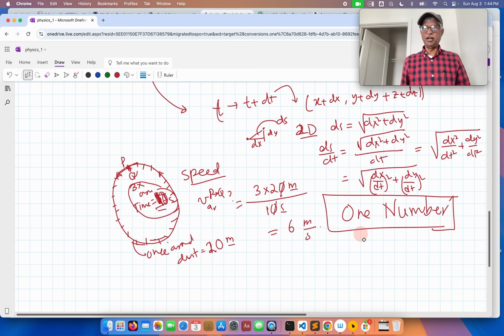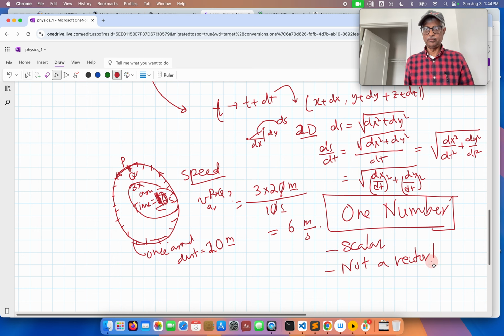And speed, because it's only one number, is called a scalar. It is not a vector. So wherever a problem can be done just by speed, you do not go to the vector.